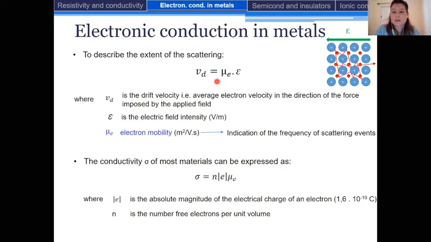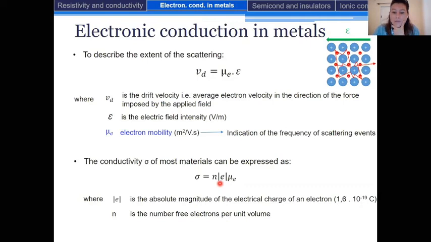So then we can make a relationship between the conductivity of most materials and this electron mobility, which is mu E. So you have the conductivity that is equal to the number of free electrons per unit volume, because we said that the electronic conduction is only permitted by free electrons. Only free electrons contribute to this.